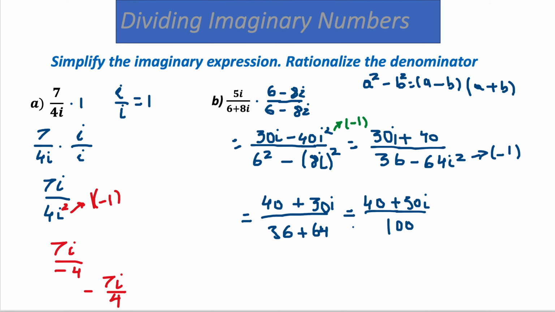And in the end, we can simplify a little bit further. 40 divided by 100 is 0.4, plus 30 divided by 100 is 0.3i. Here we wrote it in the standard form, because the standard form of complex numbers is a plus bi.